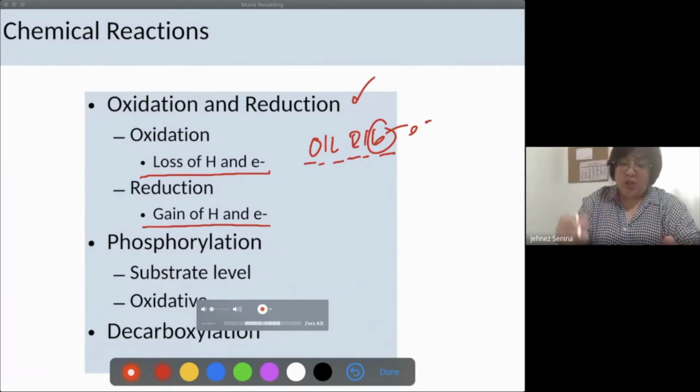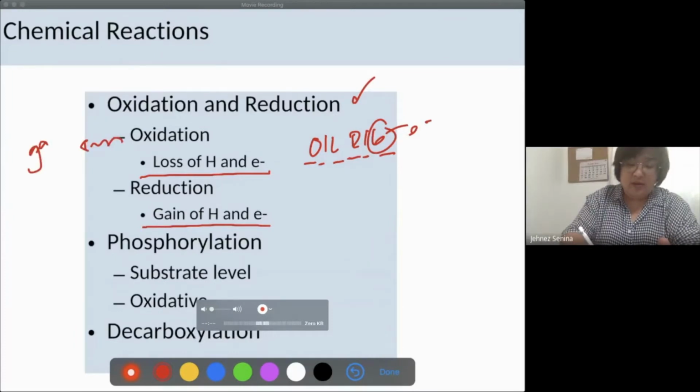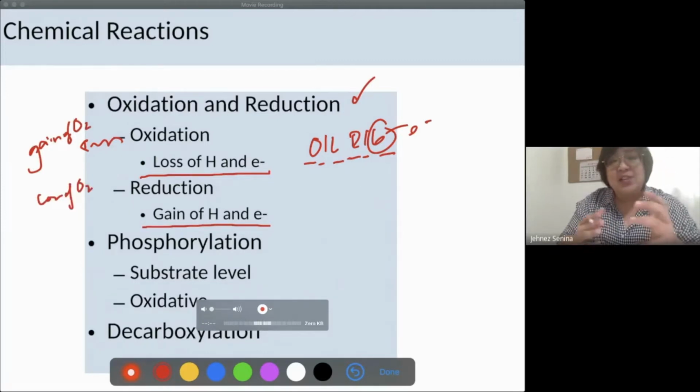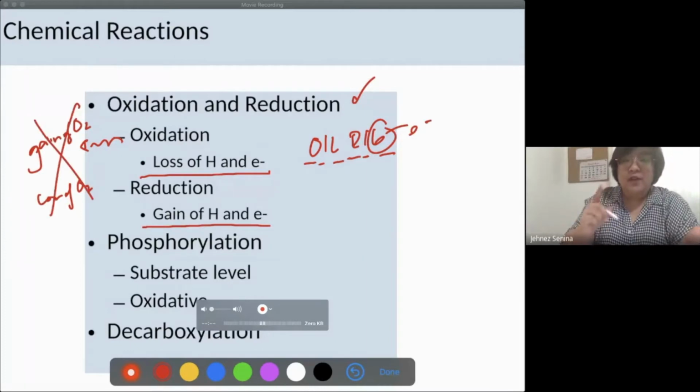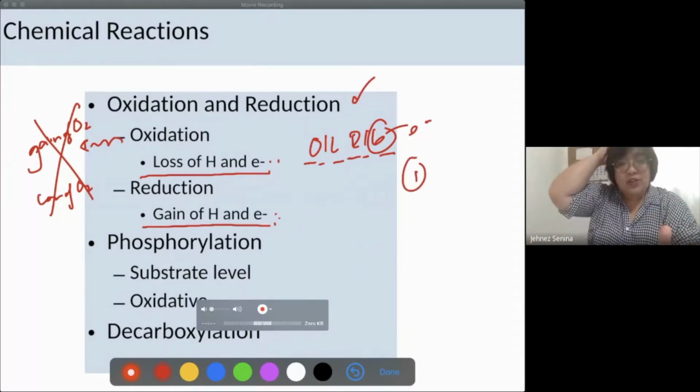In your book, oxidation also meant gain of oxygen, and reduction is loss of oxygen. That's another definition, but don't worry about this. The definition you need to know is loss of hydrogen and electron for oxidation, gain of hydrogen and electron for reduction. That's the first chemical reaction you need to know.